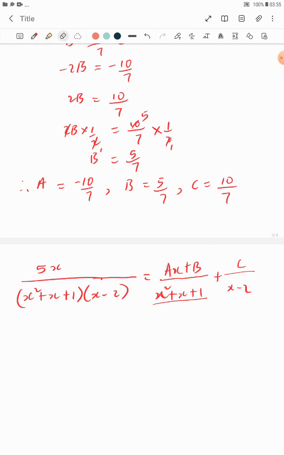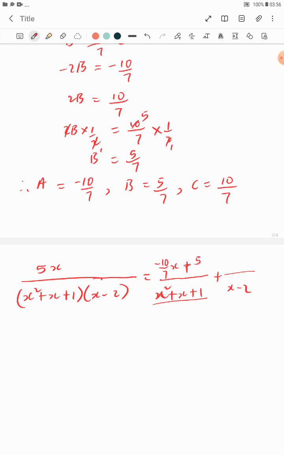That means that this is a, b will be out, c will be out. So what we have is minus 10 over 7 x.